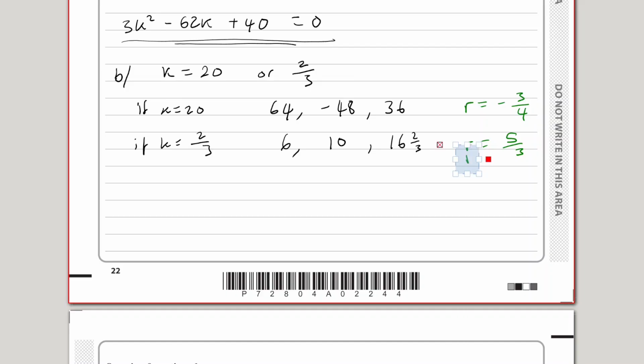So that tells us in order to converge, k equals 20, because r is between -1 and 1. Therefore, r equals -3/4.